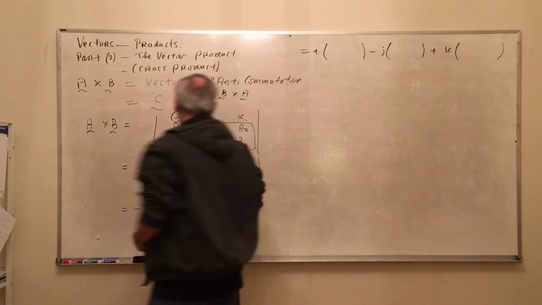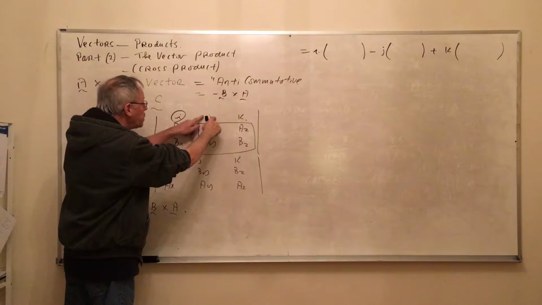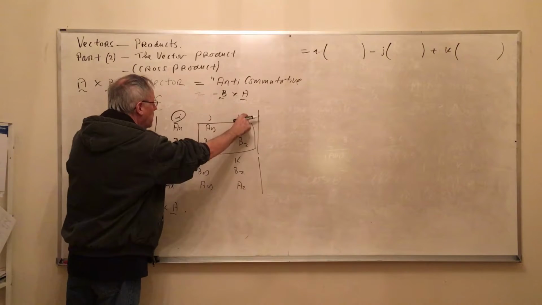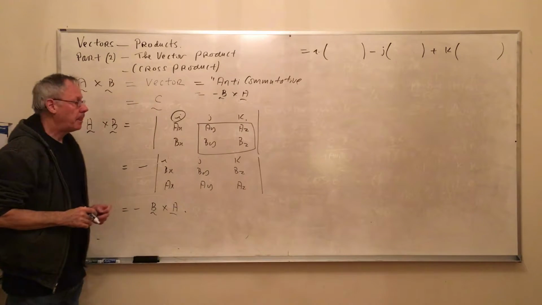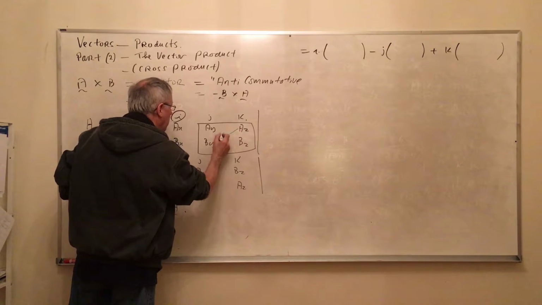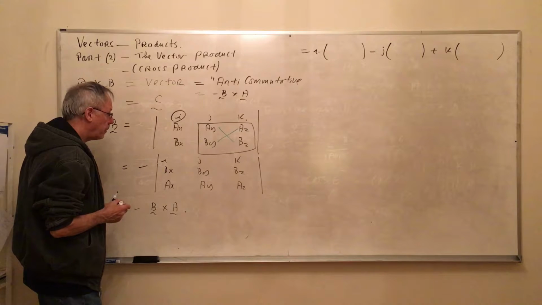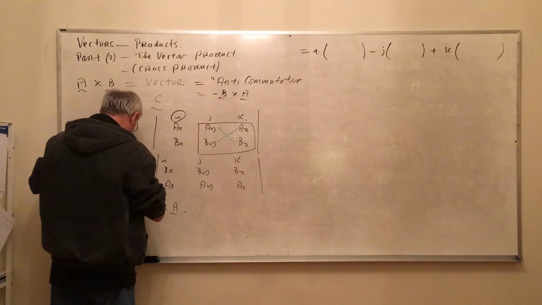Okay? So, working across the determinant, we go I times a cofactor minus J times this cofactor plus K times this cofactor. What does that mean? We go AZBY minus AYBZ for that one.